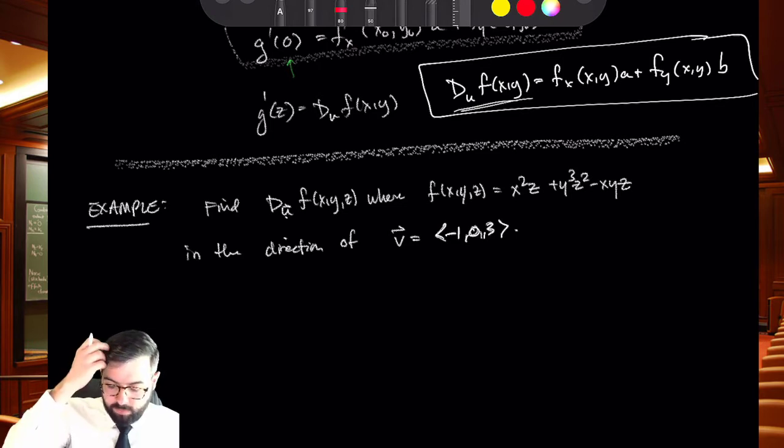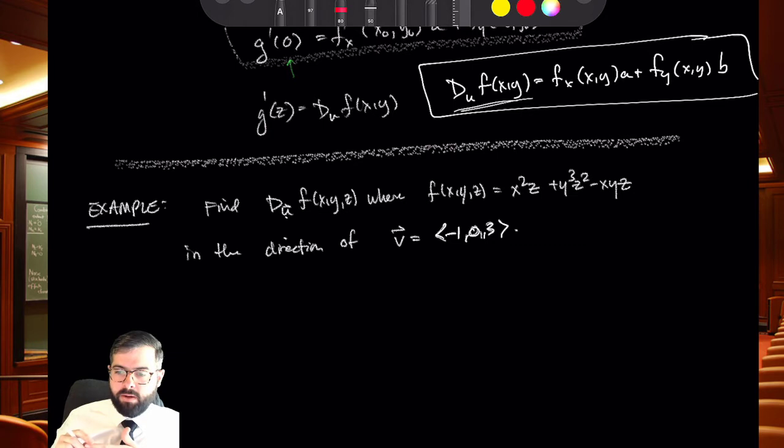Well, a couple things we got to remember. The derivative needs to be taken in the direction of a unit vector, right? So the first thing you have to do is make sure that you have a unit vector.